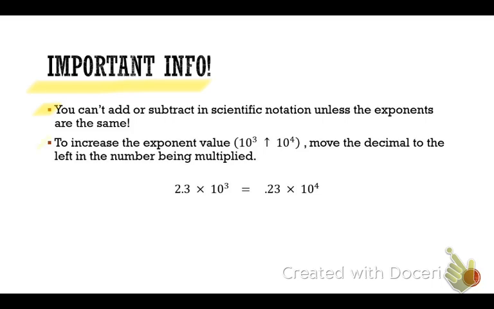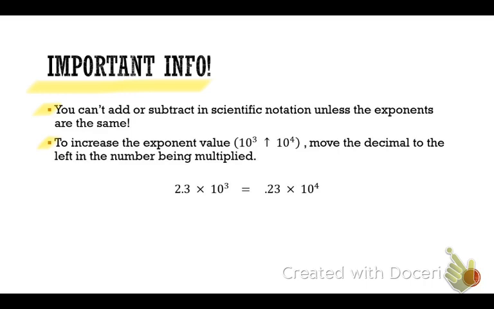The second really important point, which we're still going to do some of today, even though it applies more strongly in part 2: if you have to have the same exponent, how do you make the exponents the same when they're not?